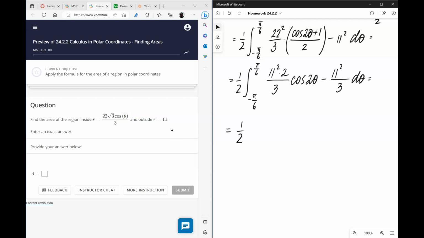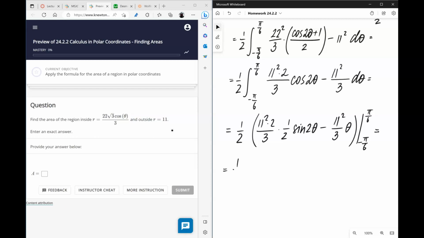So the first integral becomes 11 squared times 2 over 3 times 1/2 sine of 2 theta. And the second one becomes 11 squared over 3 theta. And we go from negative pi over 6 to pi over 6.